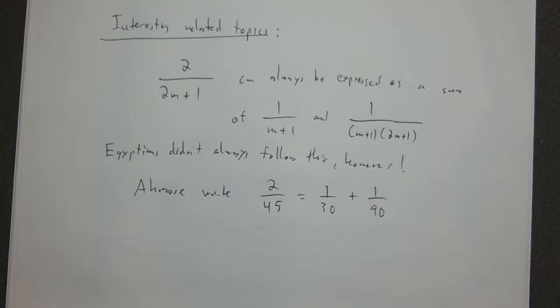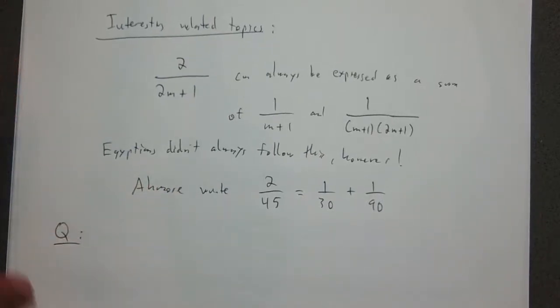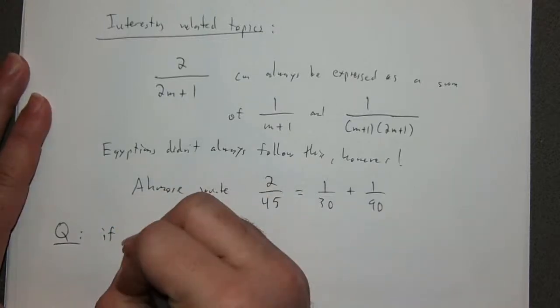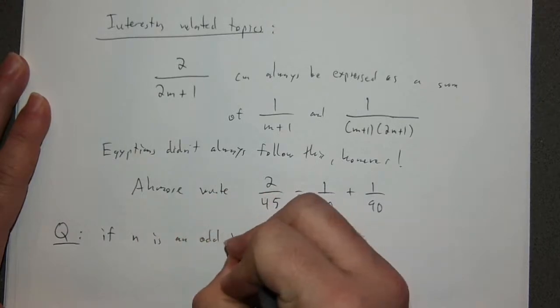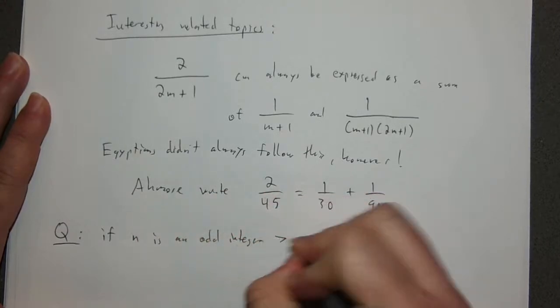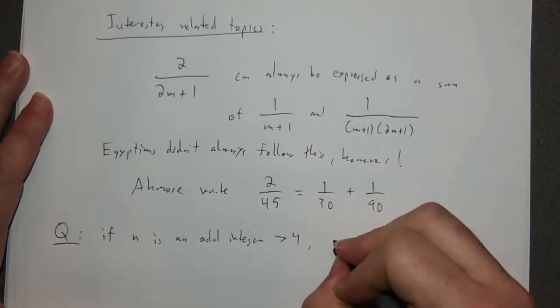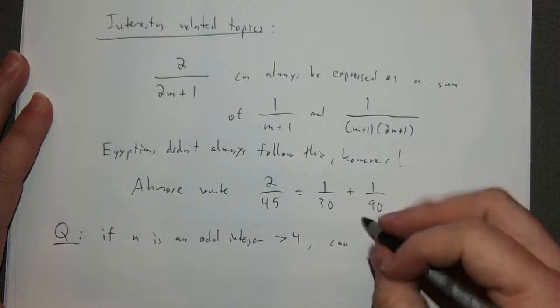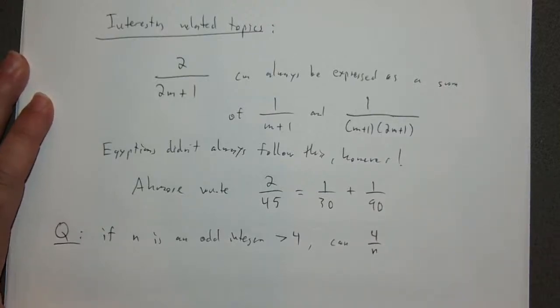So here is a question. If n is an odd integer greater than 4, can 4 over n be written as a sum of 3 distinct unit fractions?